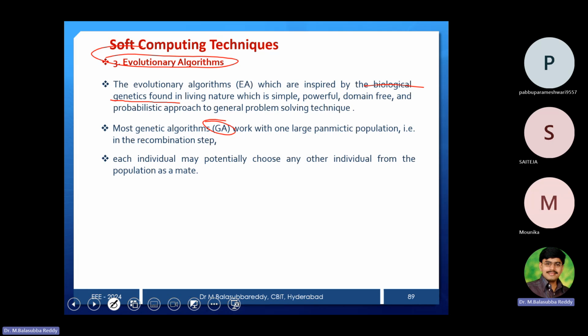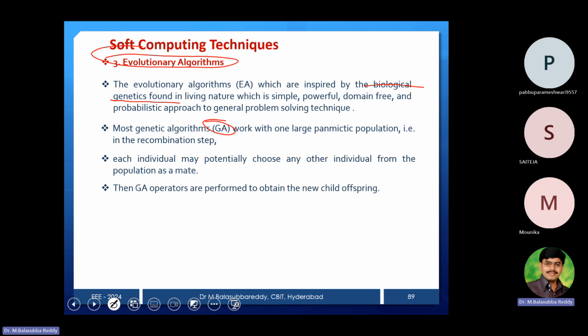Then an individual can choose their mate as per their wish, and it may be a better one or maybe sometimes it may not be. But finally, in this iterative process, by doing the searching, the best solution is going to arrive.